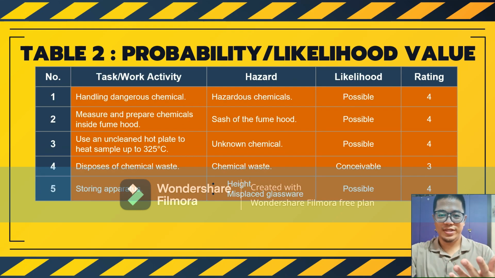For the work activities handling dangerous chemical, measuring and preparing chemicals inside the fume hood, using an unclean plate to heat up to 325 Celsius, and storing apparatus, we put the likelihood as possible with a rating of 4, except disposal of chemical waste, with a rating of 3, which means conceivable.